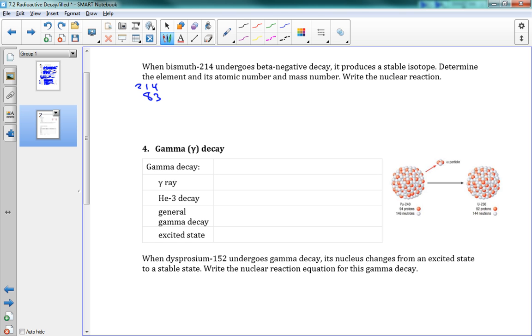So we have bismuth. Well, we're going to be losing an electron, so that means the atomic number goes up by 1. So we have 84, 214, and if you look in your periodic table, that gets you polonium, plus -1 0 electron. And let's see, that's our equation. We want the atomic number.